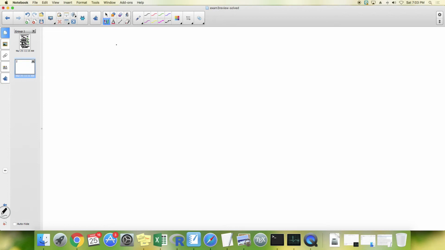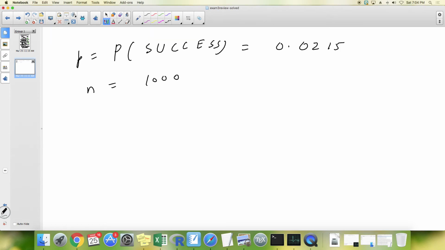So we know that probability of success is 0.0215. That's like P, and number of trials N is 1,000. So suppose Y is number of successes out of 1,000.